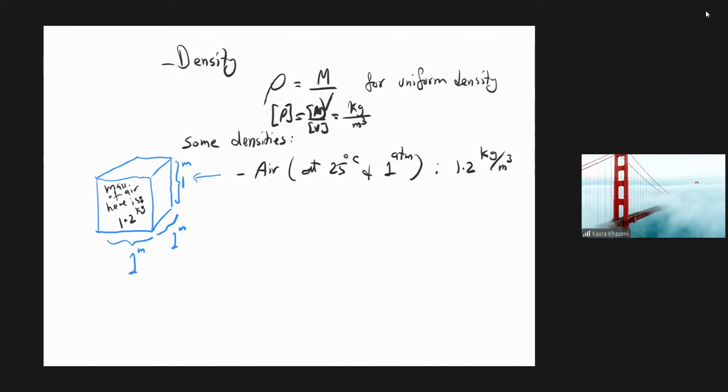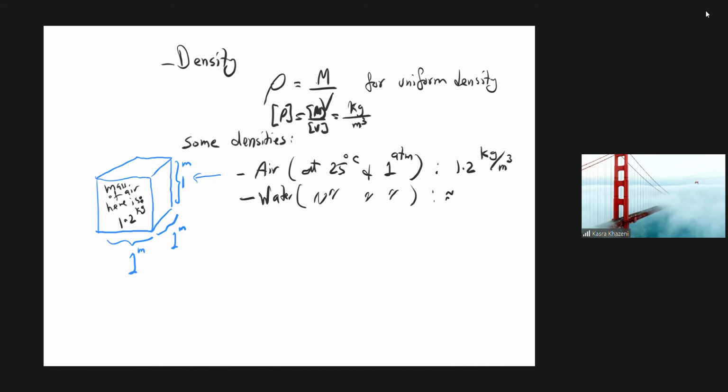All right, so this will give you some feel for how heavy is air. All right, how about water? Same, at 25 C and at 1 atmosphere. What do you think water is going to weigh?